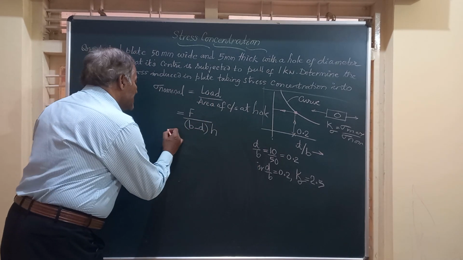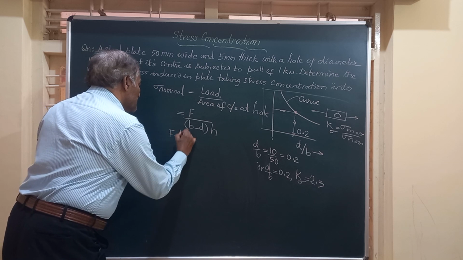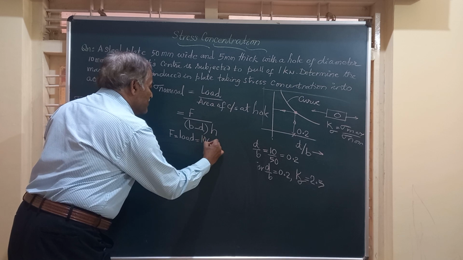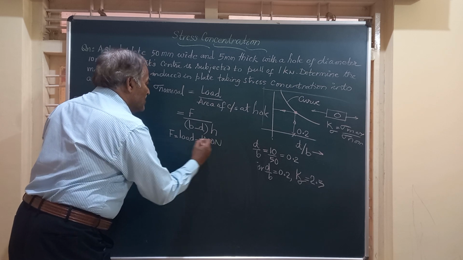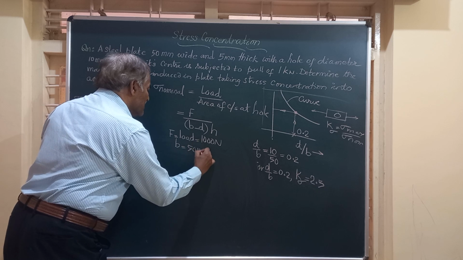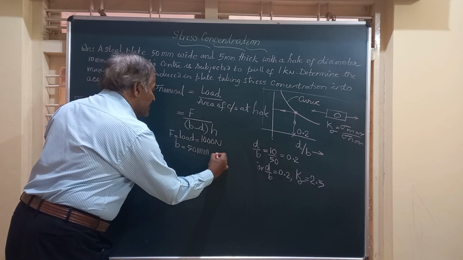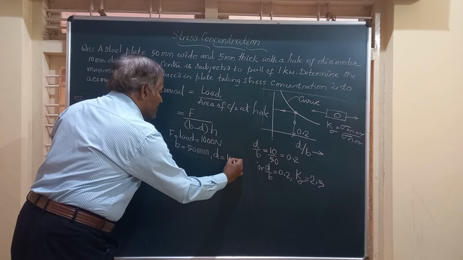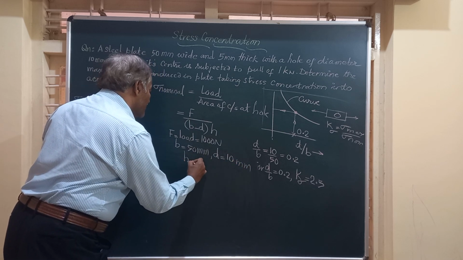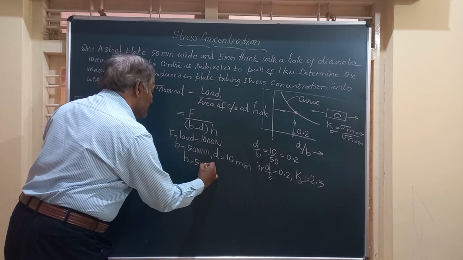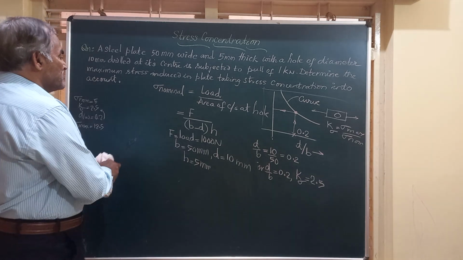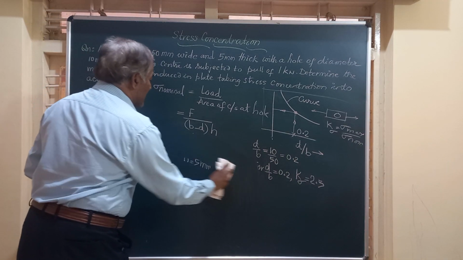Friends, F is the load. The load the member is subjected to, that is 1000 Newton, 1 kilonewton. And B value, we know it is 50 mm. The value of the diameter is 10 mm. Diameter of the hole is 10 mm. And H is equal to 5 mm. So we have to substitute in the formula these values to find out sigma nominal.